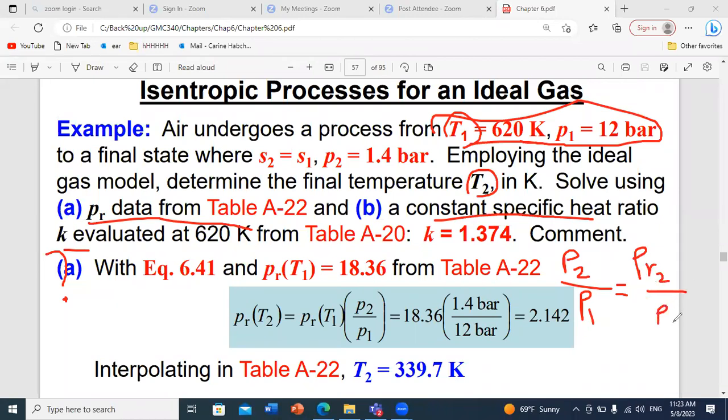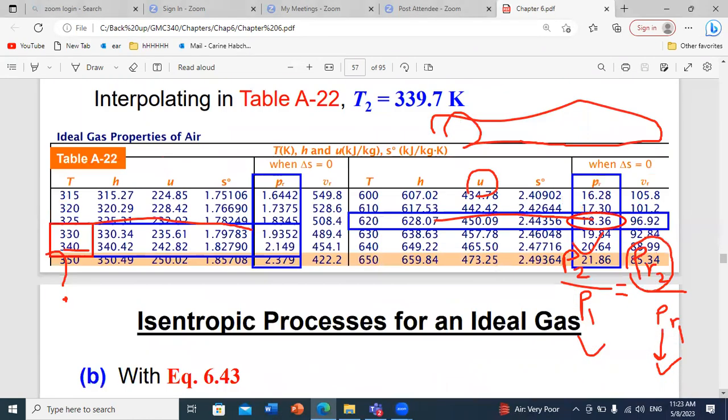Now, as we discussed, we know P2 and P1, so we replace. And since we know T1 equals 620 Kelvin, we go to the table. So now we go to the table to get what from the table? From the table we get Pr1. Then the only unknown in this ratio will be Pr2. So if we do this, this is our table. We go first to 620 Kelvin.